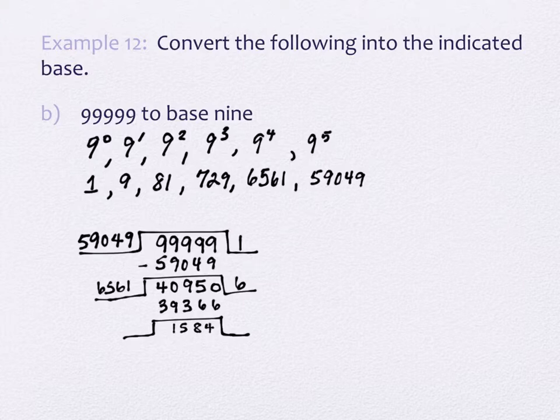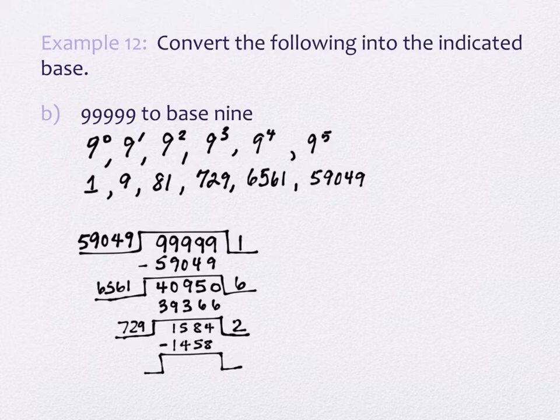1,584. Lovely. And I will divide by 729, which will go in, I think, twice. What do you get when you multiply by 2? 1,458. Perfect. And I subtract.